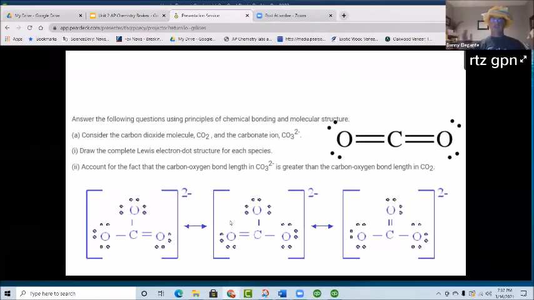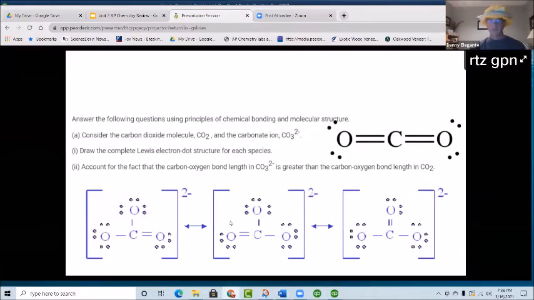Double bonds are shorter, and then triple bonds would be the shortest. So how are you supposed to know what to do with that carbonate down there? Well, when people are saying it's a bond order of 2 and a bond order of 1.33, really what they're saying is, what is the average bond length?